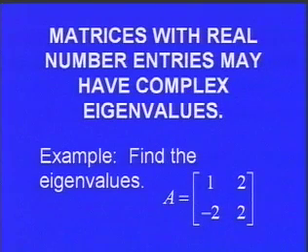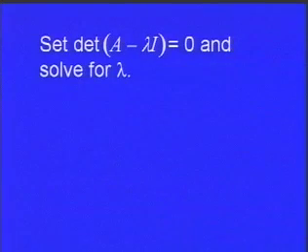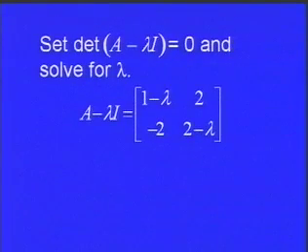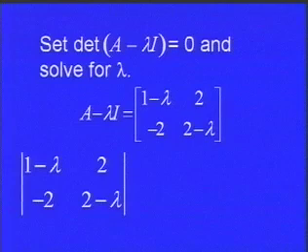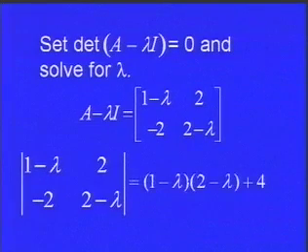But watch, when we do A minus lambda I, we get 1 minus lambda, 2, and then negative 2, 2 minus lambda. So again, just the entries in the main diagonal get a minus lambda attached to them. Now, take that determinant, set it equal to 0.